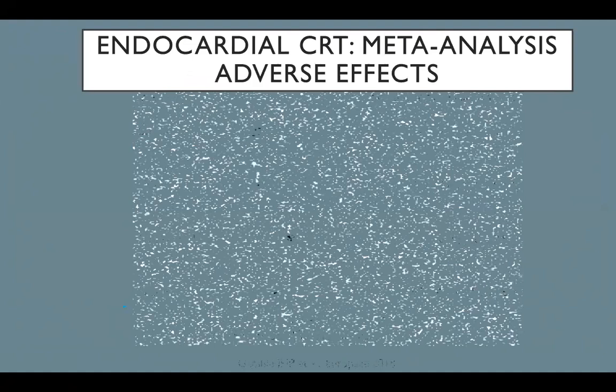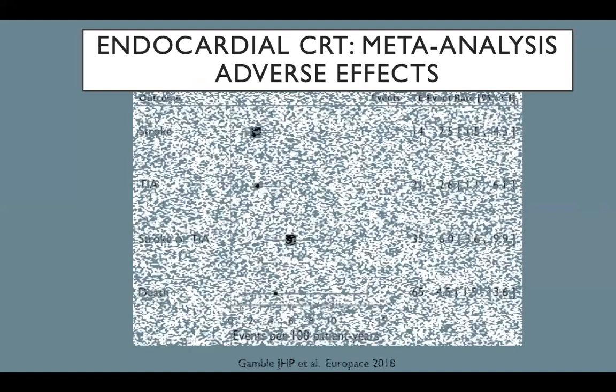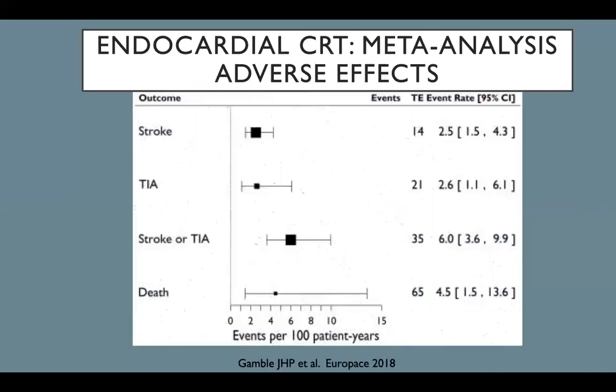So the problem with endocardial CRT is that, at the moment, there is a significantly higher risk of stroke and TIA. Now, that's being refined because anticoagulation regimens initially were just targeting like we do for atrial fibrillation. But whenever you have a lead on the left side of the heart, that can be problematic, and that was believed to be the issue here.